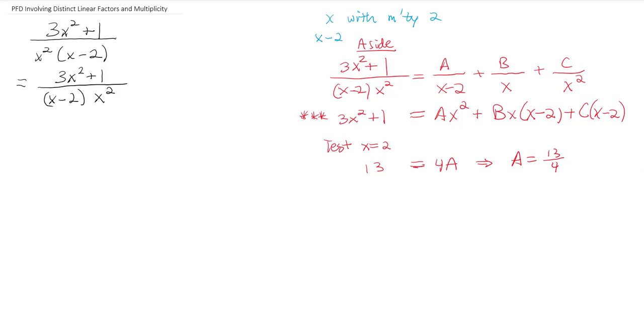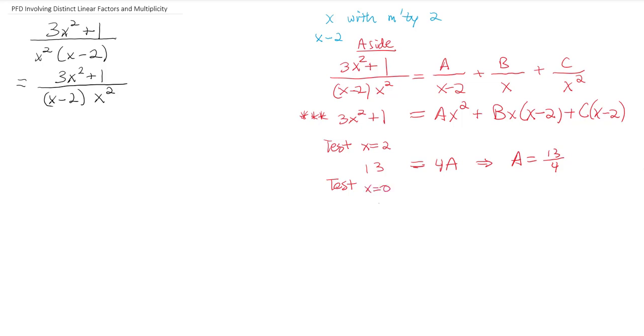Now, how do we get B and C? Well, we still have another linear factor. What do you think we should test? Why don't we test x equals 0?